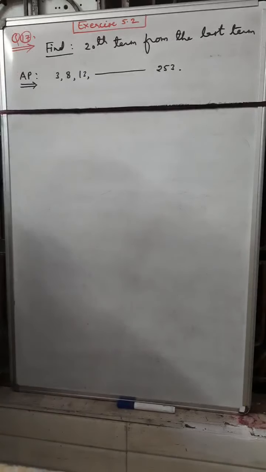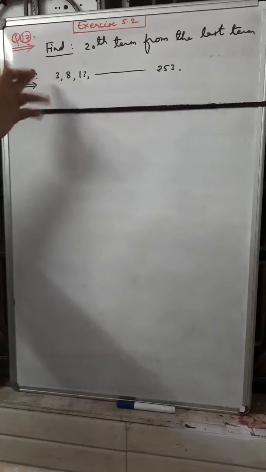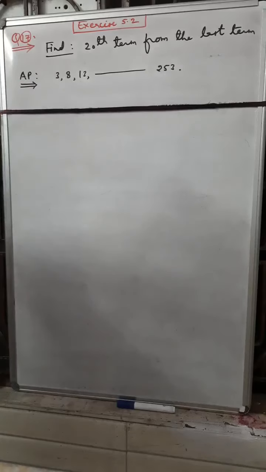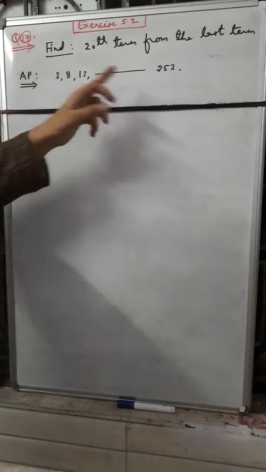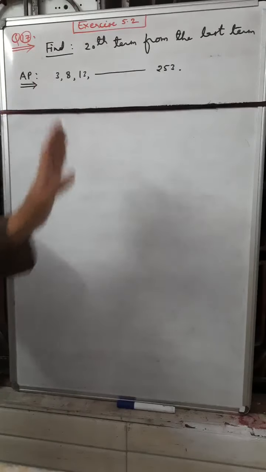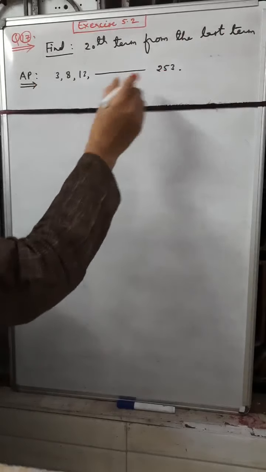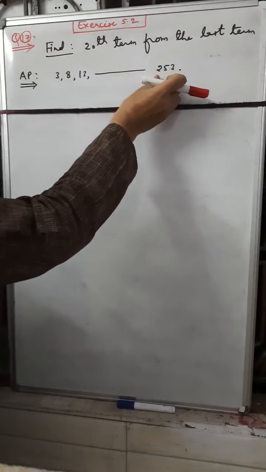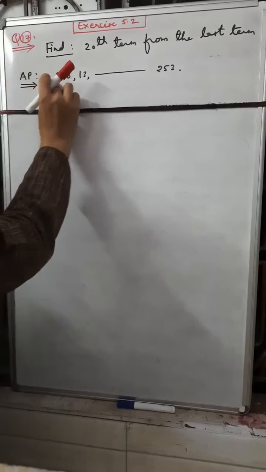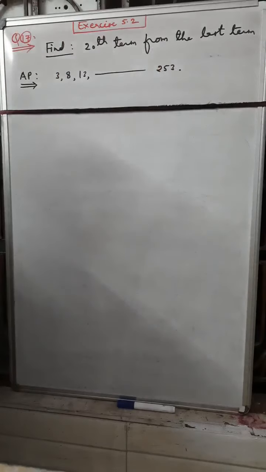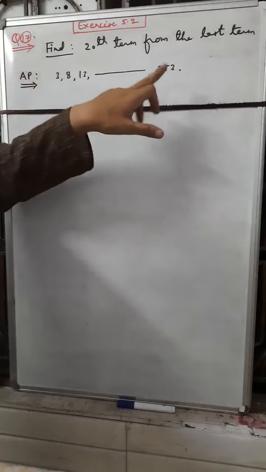So there are two methods. We can solve from forward to backward, or we can reverse the AP. So the last term will become the first term and the first term will become the last, because we have to find the 20th term from the last term.